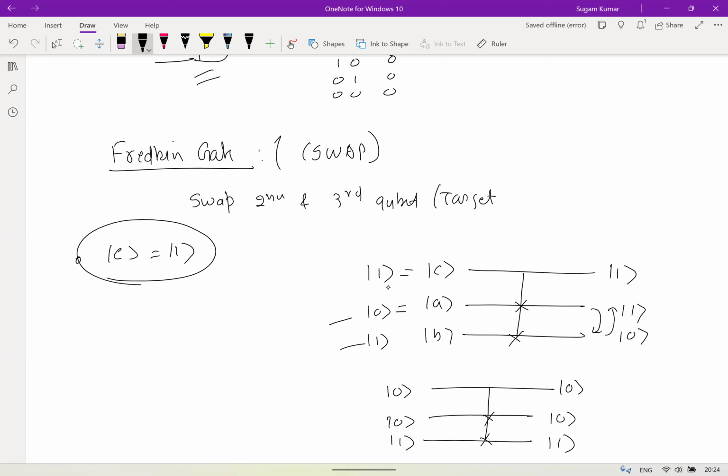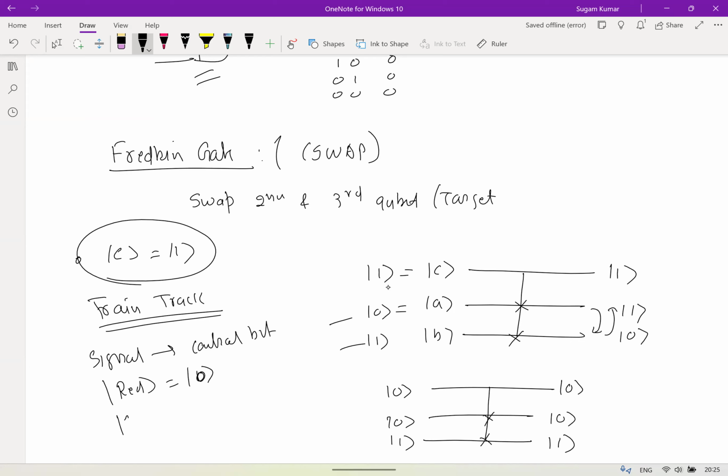Simple, I can give an analogy. For example, think about a train track. The signal is going to act like a control bit. Let us say red is equal to 0, and green is equal to 1.